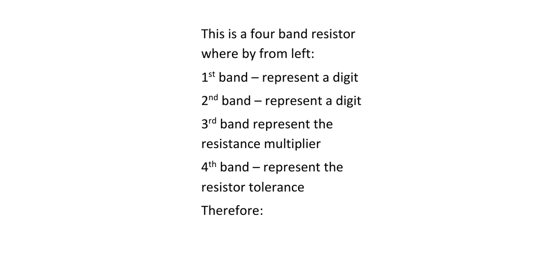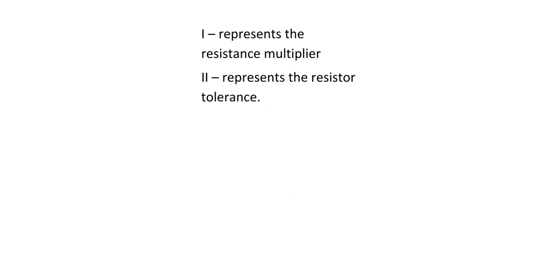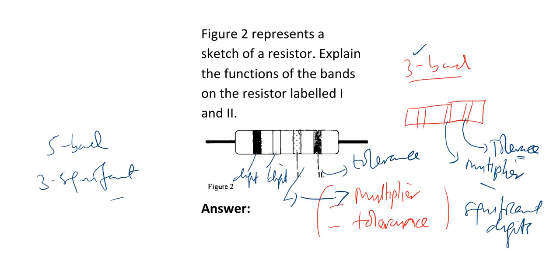Therefore, 1 represents the resistance multiplier and the Roman 2 will represent the resistance tolerance. So that is how you identify those bands.